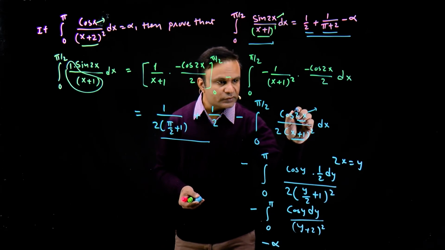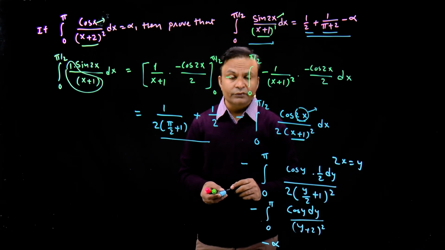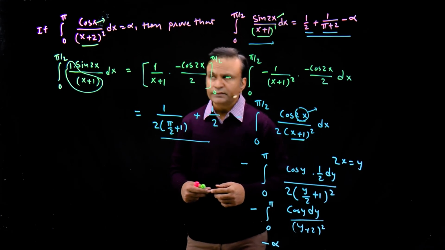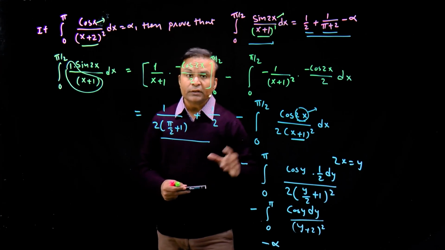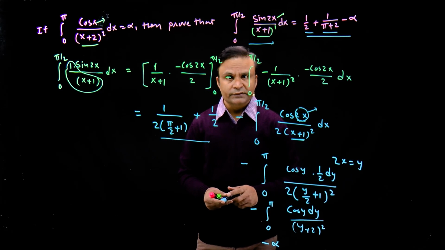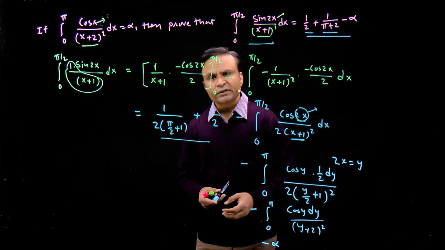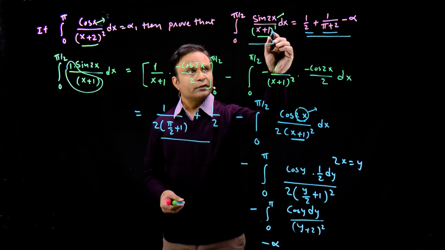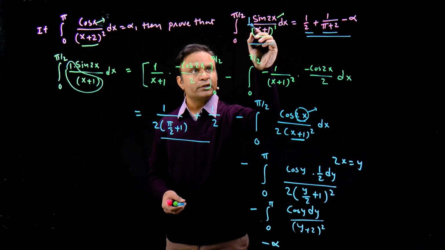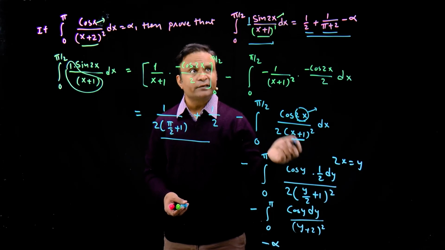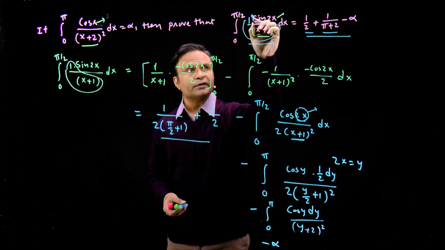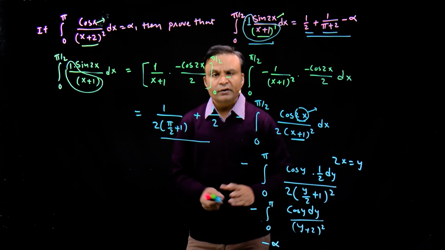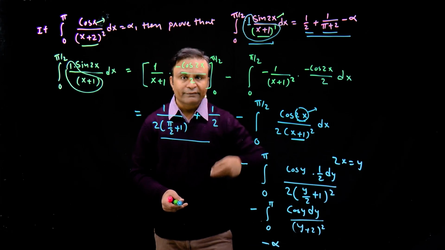So clearly the substitution is 2x equal to y. But the key concept of this question is integration by parts. And what will be the first function and the second function? Clearly from this I want 1 upon linear square, that means I have to differentiate this function. So for the first function and second function we are not using any hit and trial method. We have a clear idea.